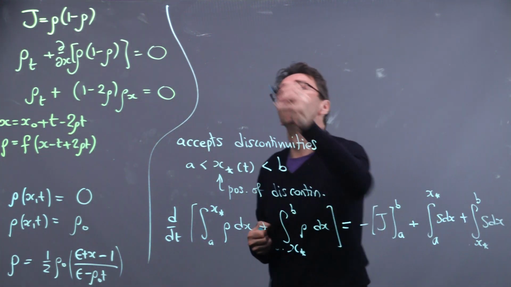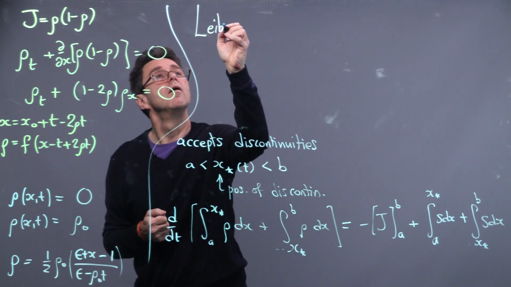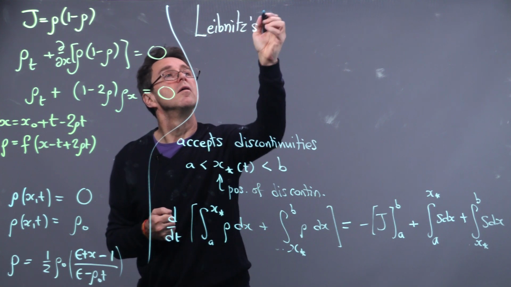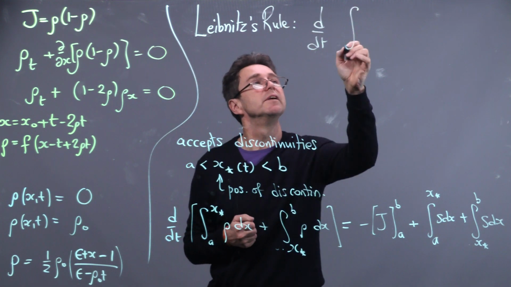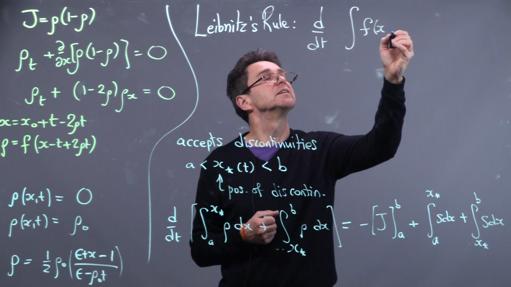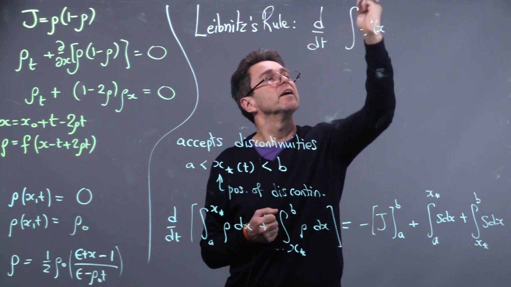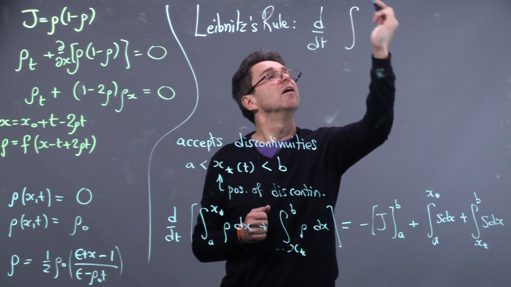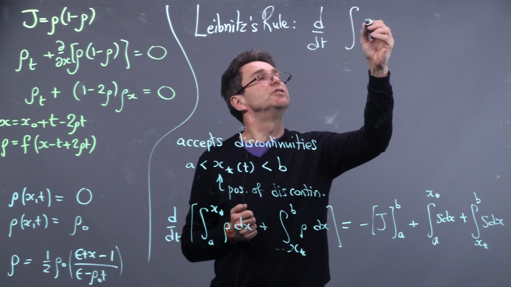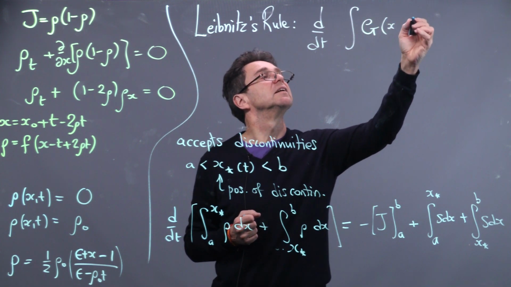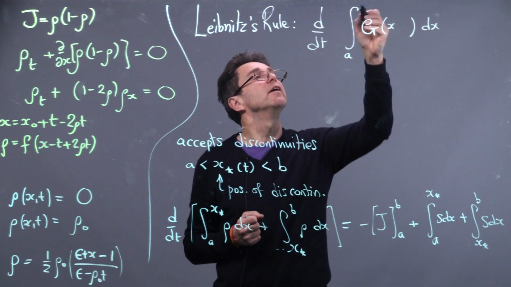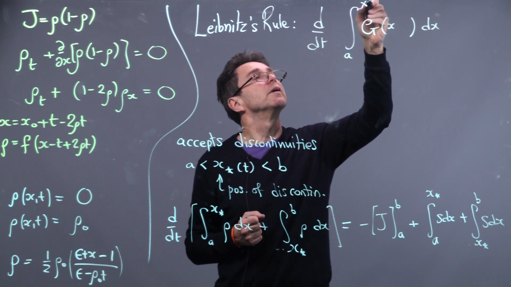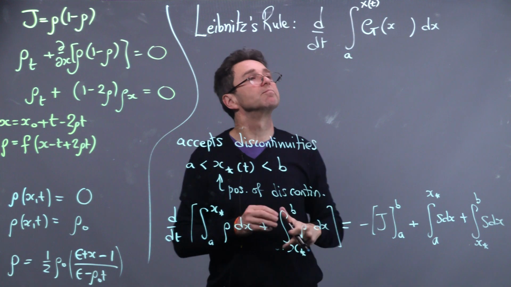So here we go. If I have d by dt of the integral of, let's call it g of x, dx, and let's say I'm integrating from a position a, but I'm integrating up to something that depends upon t.